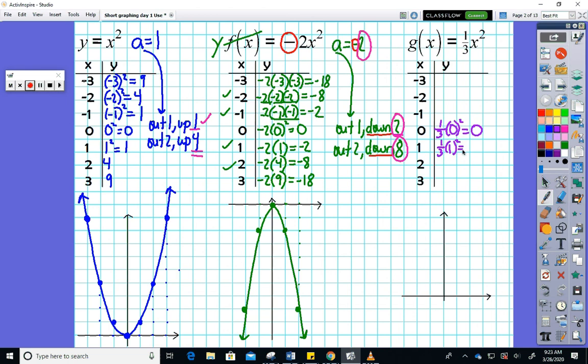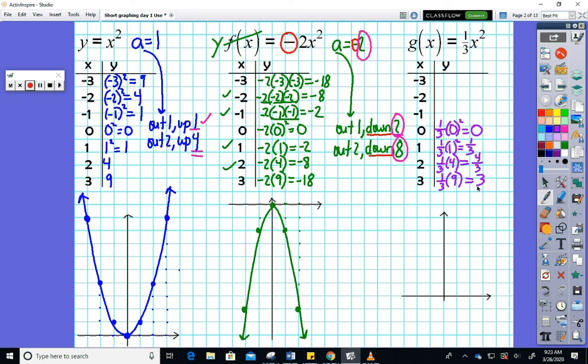So 1/3 times 1 is 1/3. 1/3 times 2 squared would be 1/3 times 4. 1/3 times 4 is 4/3. Ooh, I'm not loving those points. If I did 1/3 times 3 squared, 3 squared is 3 times 3 or 9. A third of 9 is 3. Now, I like that point.